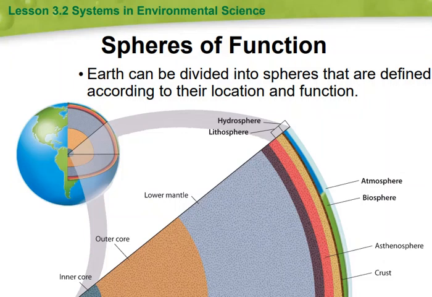And the reason that we divide the Earth into spheres is because it's easier to understand the environmental issues, and also to make Earth's complexity a little bit easier to understand. So you need to know all the spheres, and you need to know how to define each one.